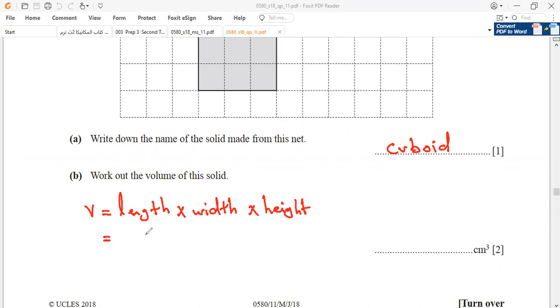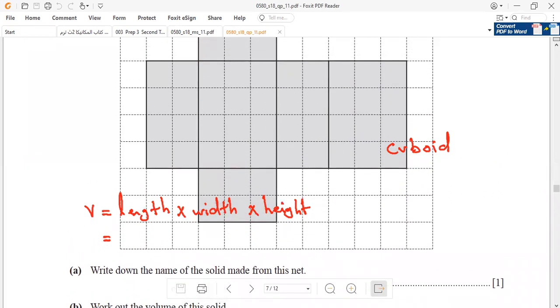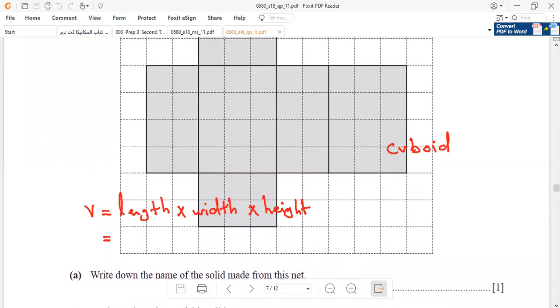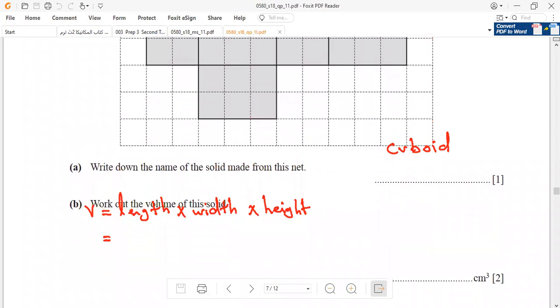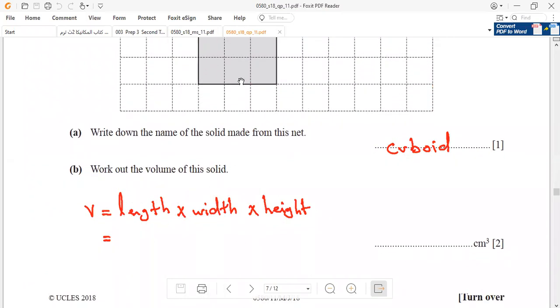We wrote before that the length is 4, the width is 3 and the height is 2. 4 multiplied by 3 multiplied by 2 will be 24 centimeters cubed.